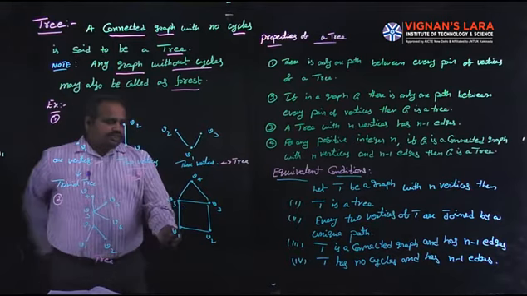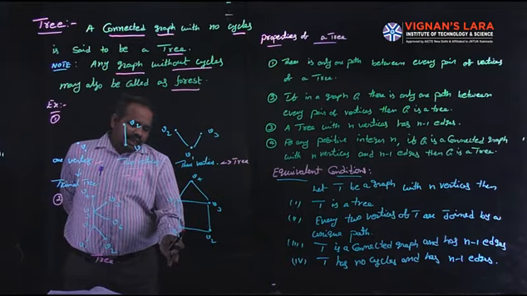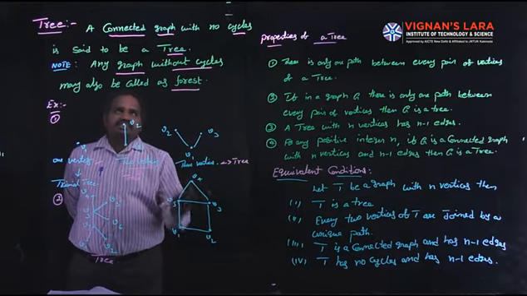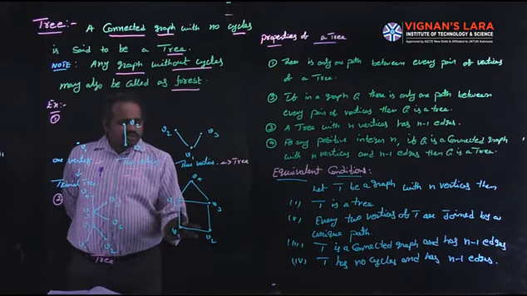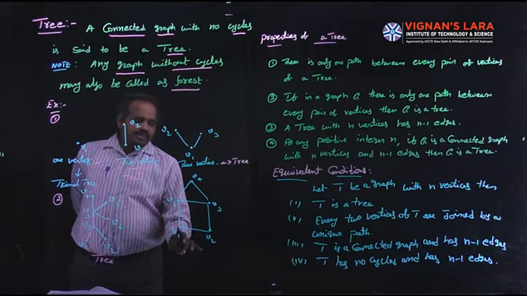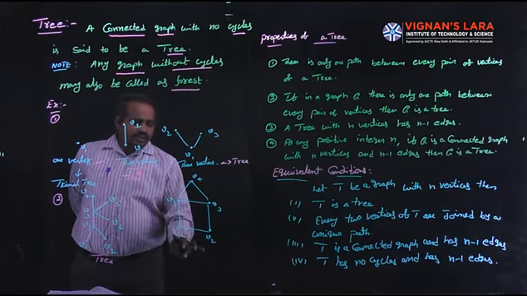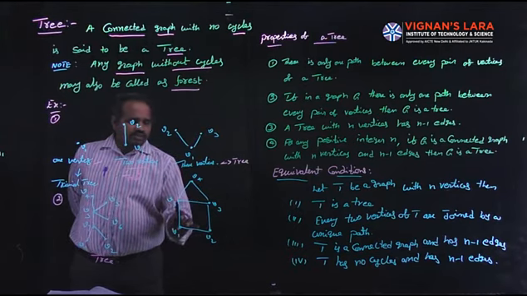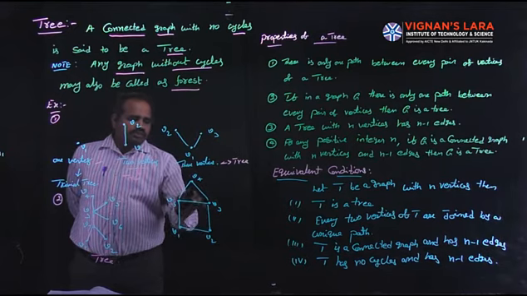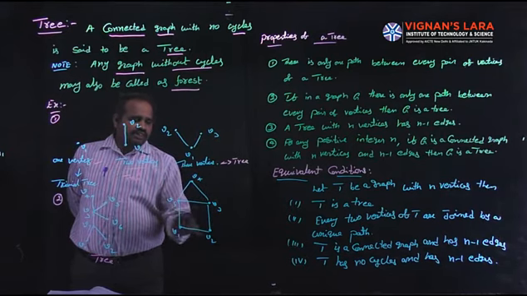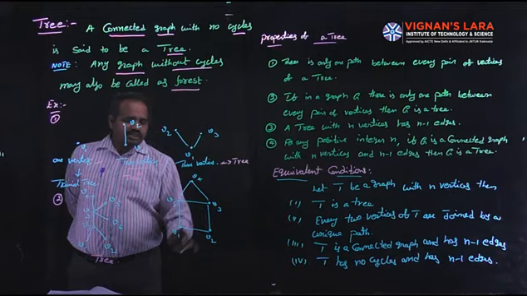Coming to this one, first of all, is it a connected graph or not? Check it. Clearly it is a connected graph. There is a path between any pair of vertices. For example, v1 to v5, v5 to v3. v3 and v4 are connected, v3 and v5 connected, v3 and v2 connected, v3 and v1 connected.